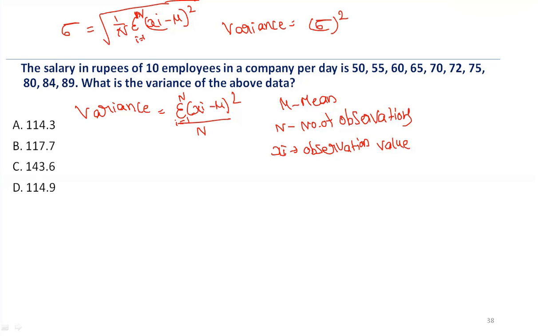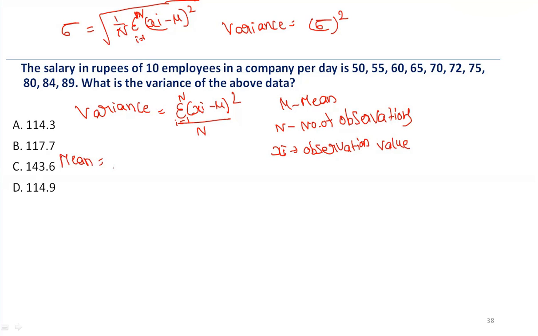Okay, and solving for the variance of this particular question, now you have to solve the mu value first. Mu is nothing but the mean, right? So you have to solve for the arithmetic mean first. What is the formula for mean, guys? Mean is nothing but the sum of observations by the number of observations.